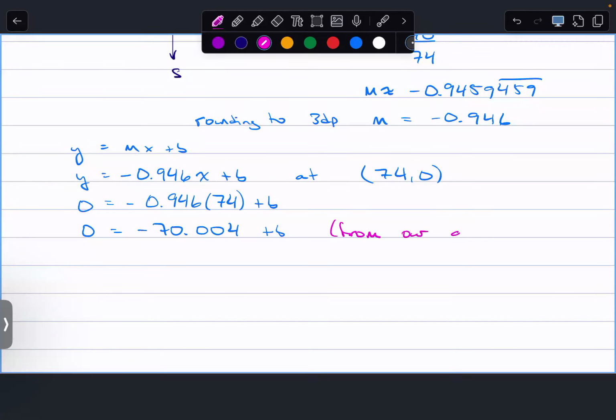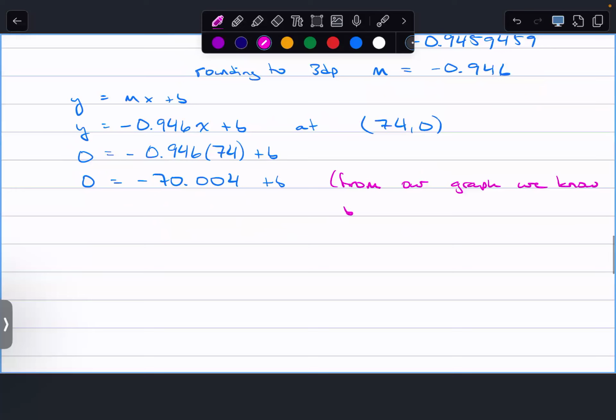I will make a note here. From our graph, we know b is 70, right? So this is from rounding m. So I'll do something sneaky, right? Solving for b, I'm just going to use 70.